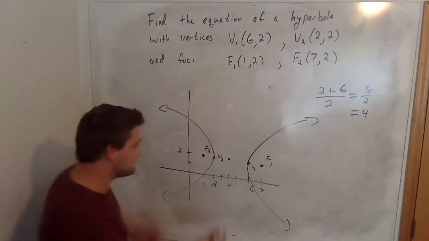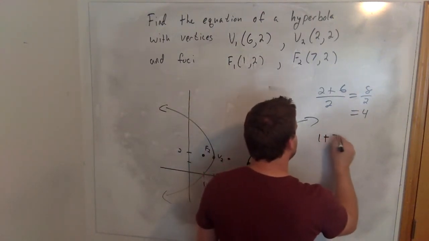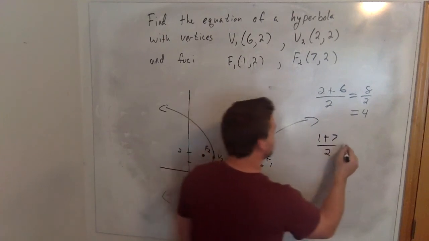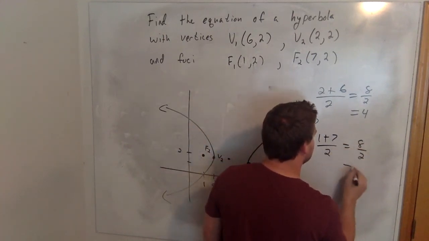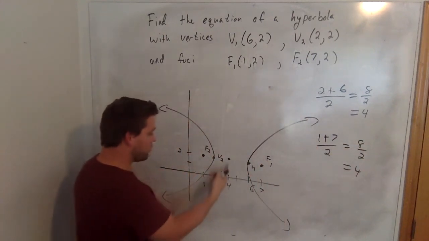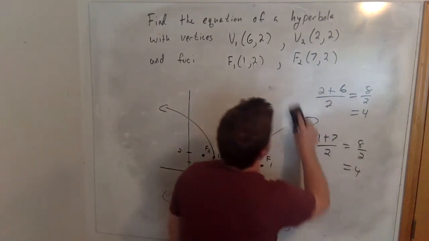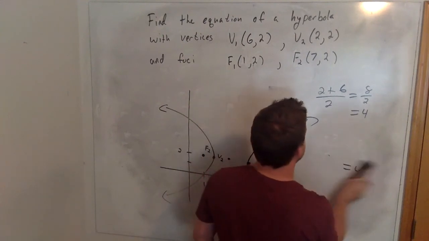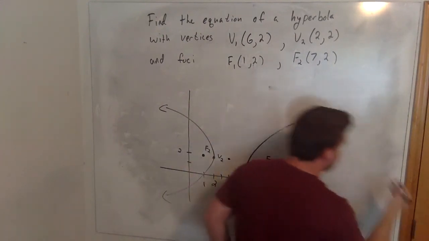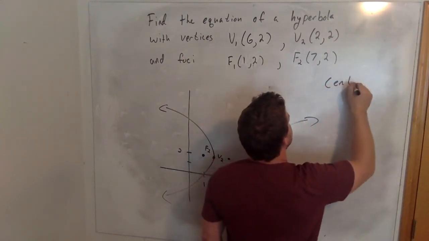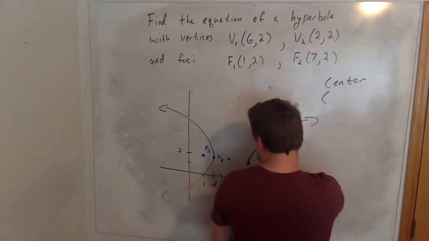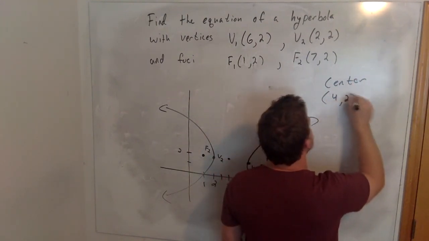Or with 1 plus 7, we still get 8 over 2, which is 4. So the x-coordinate is 4 and the y-coordinate is 2. A key thing here is that the center is at (4, 2).